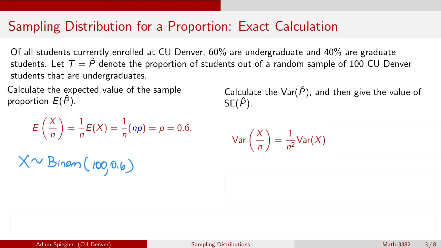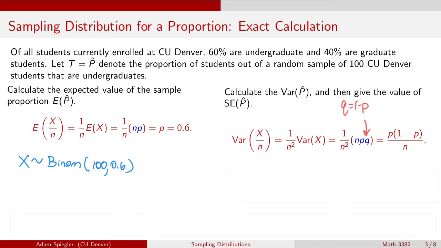So we would have 1 over n squared times the variance of X. Since X is binomial, we have a formula for calculating the variance of X. It's just n times p times q, where, recall, q is the probability of a failure. So that's 1 minus p. And now, again, we can cancel the n's out, and we see that the formula for the variance is therefore p times the probability of a failure, which would be 1 minus p, and then we divide that by n, since one of these n's gets canceled.